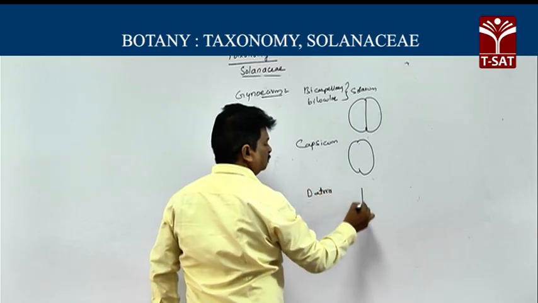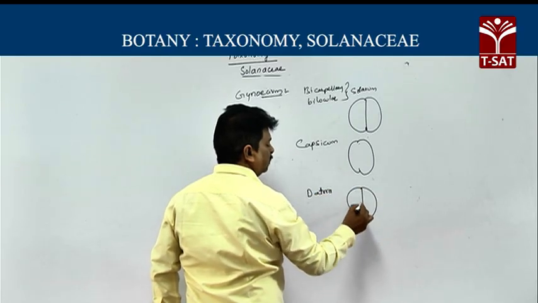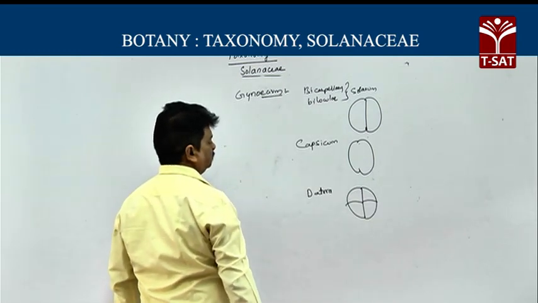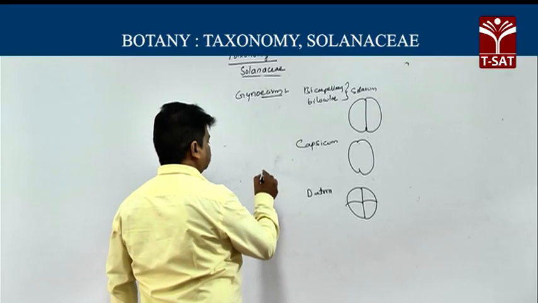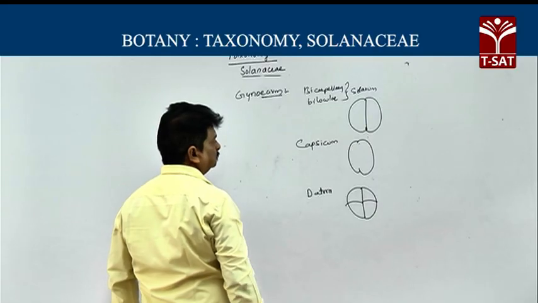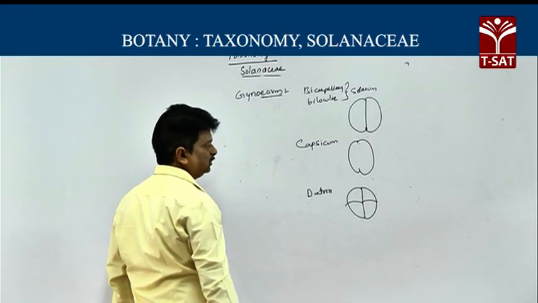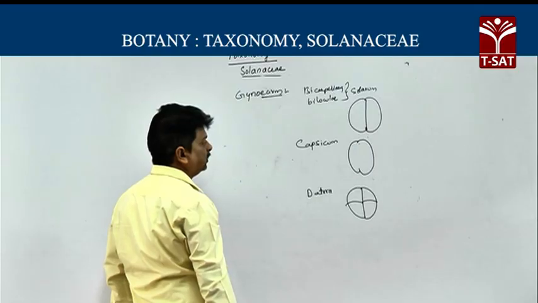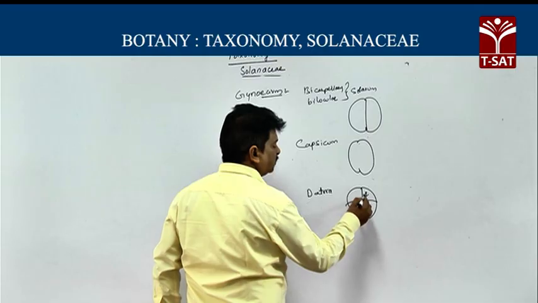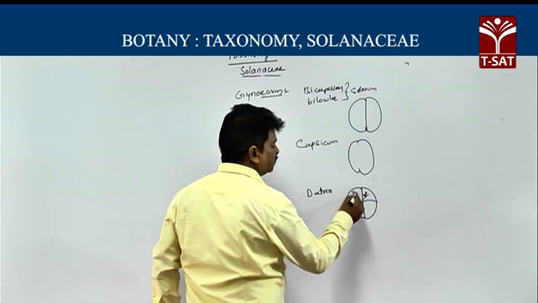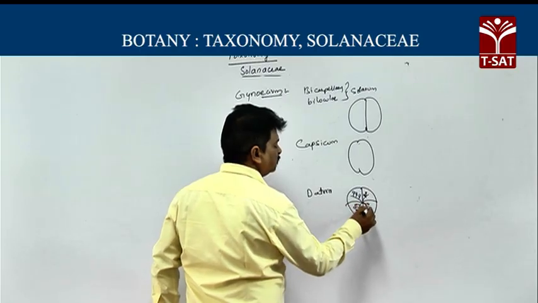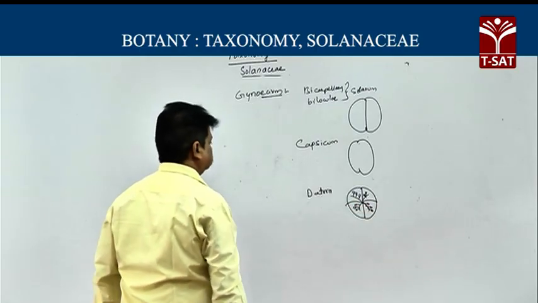Datura, bicarpellary tetralocular due to a false septum. An important point is carpels are oblique because posterior carpel turns right side and anterior carpel turns left side. And in most of the cases, placentation is axile, the ovules present on swollen placenta.